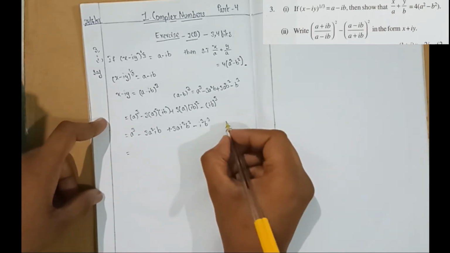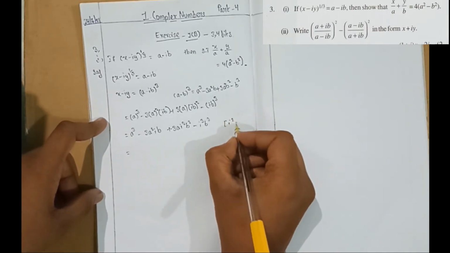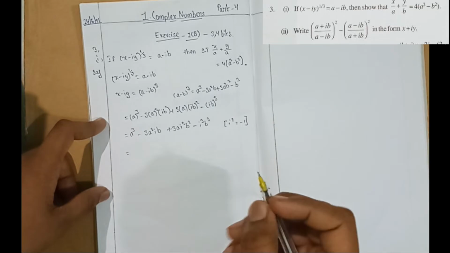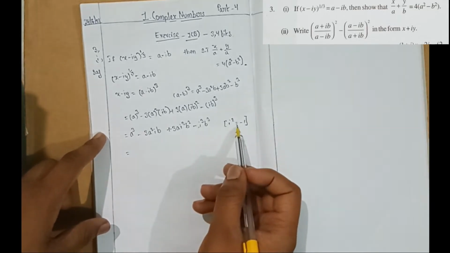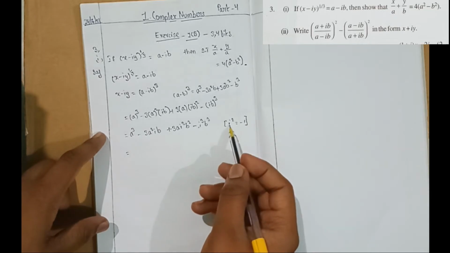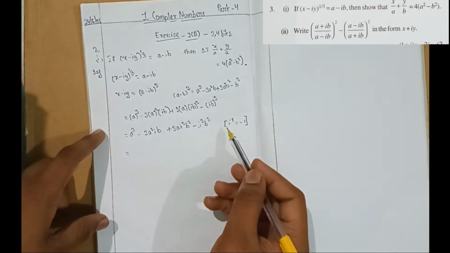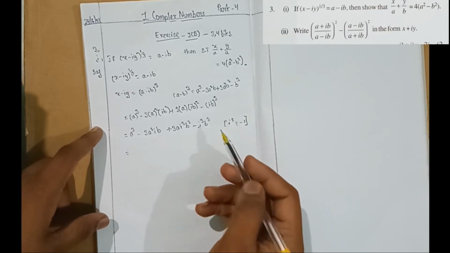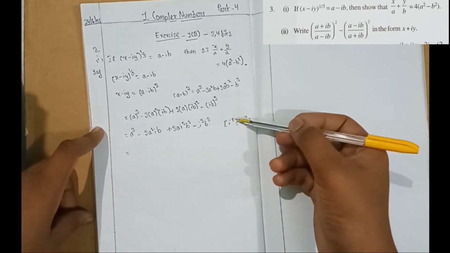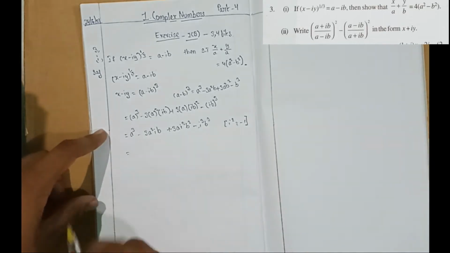Now i square equals minus 1, so we have to substitute the i square value as minus 1.